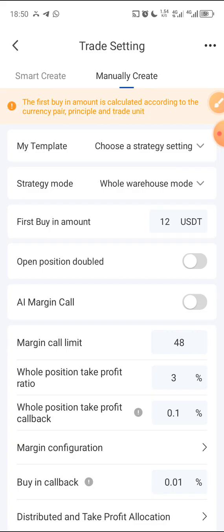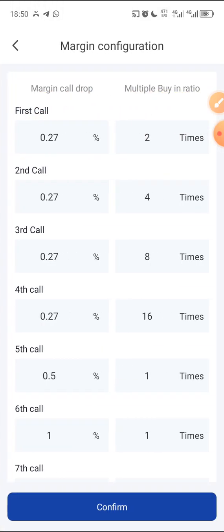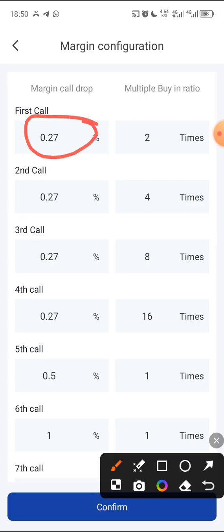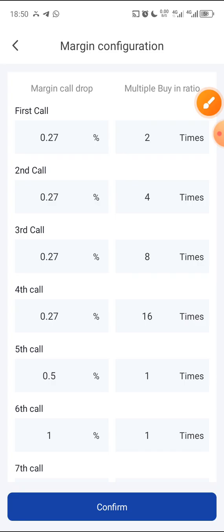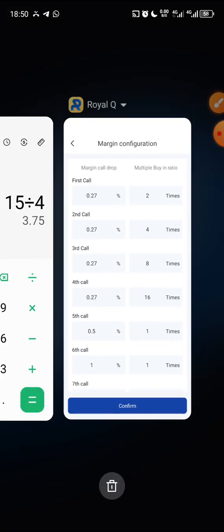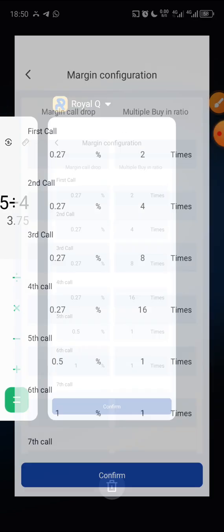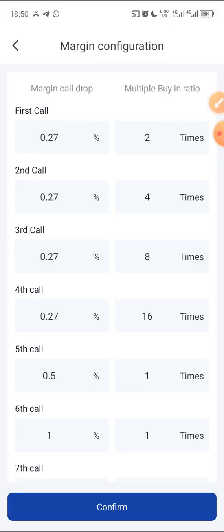Meaning when you come to set your trade under the margin call configuration, you will not put 0.27 as someone trading this coin. Remember, you are trading your own coin, because we are shaping you to be crypto independent. We want you to find your own coins of your choice to trade, meaning the settings will not be the same.